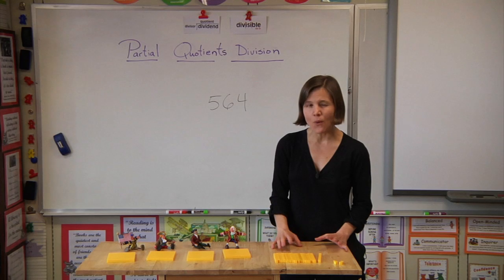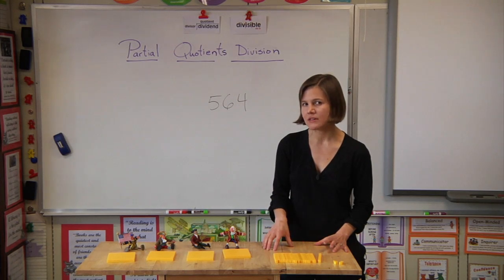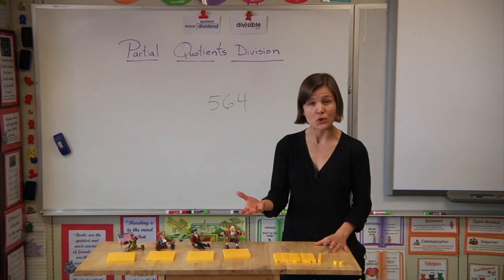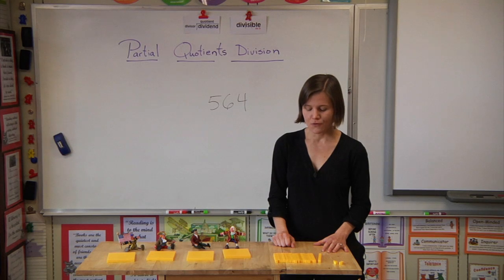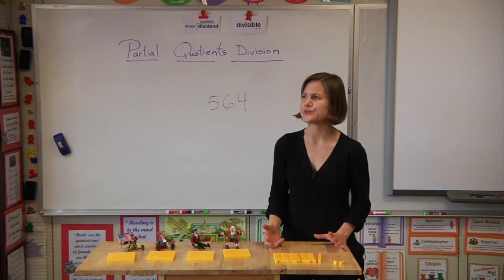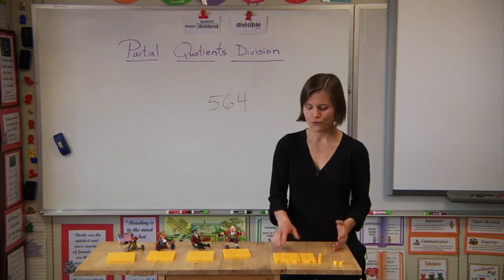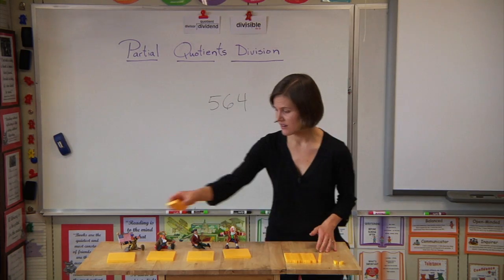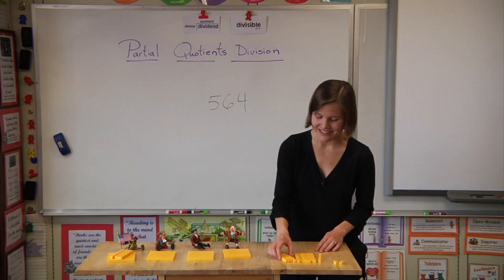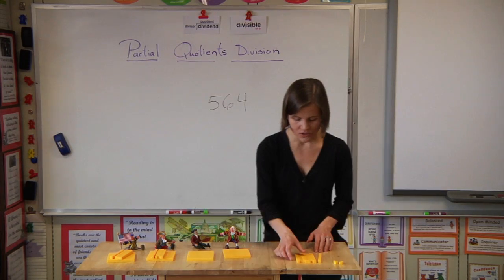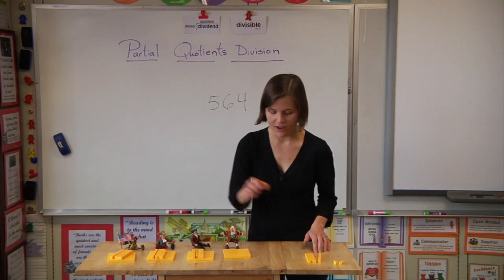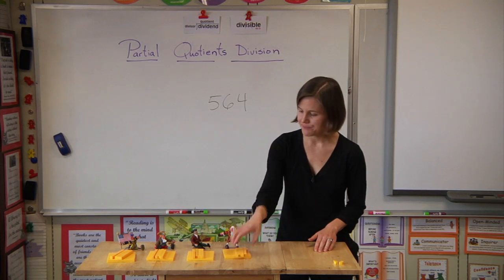Well, does 4 times something get me to 16 or get me close to 16? 4 times 3 equals 12. But then I still have 4 left over. 4 times 4 equals exactly 16. So I could give out 4 at a time.